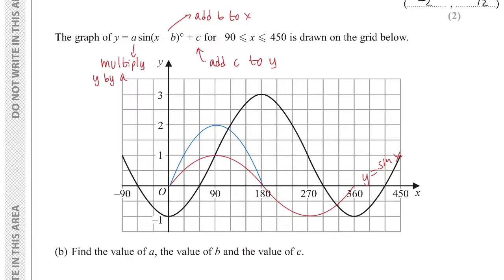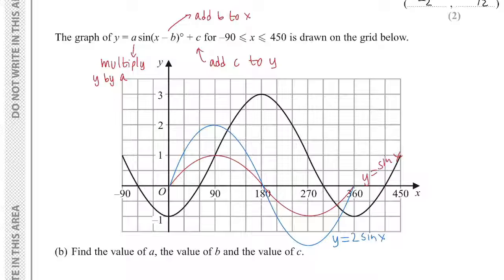So something like that, and it's going down to -2 here. So this is y is 2 sine x. And if I just take that and translate it by 1 up, then I will be matching the maxima and the minima we see here.